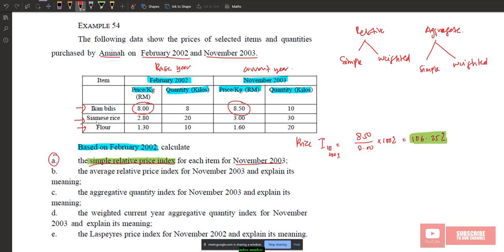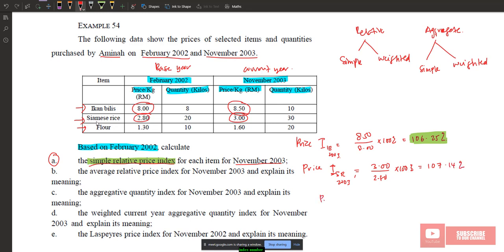So this is the first one, and then we need to calculate the price index number for Siamese rice in 2003. So this one should be 3.003 ringgit divided by 2.8 multiply with 100%. So this one should be equal to 107.14%, right?